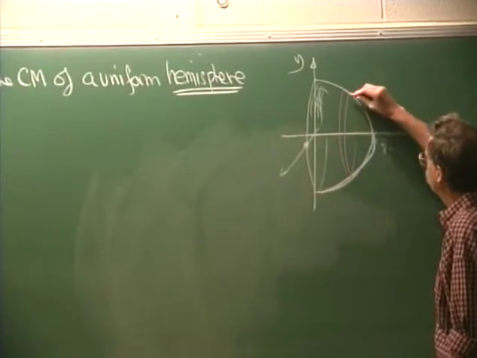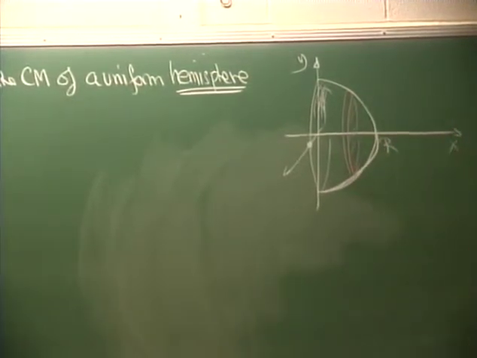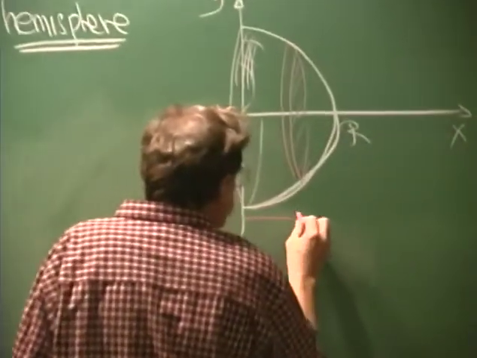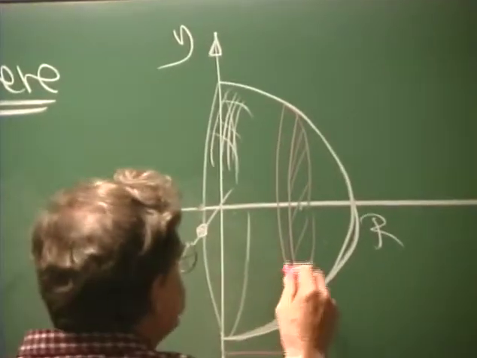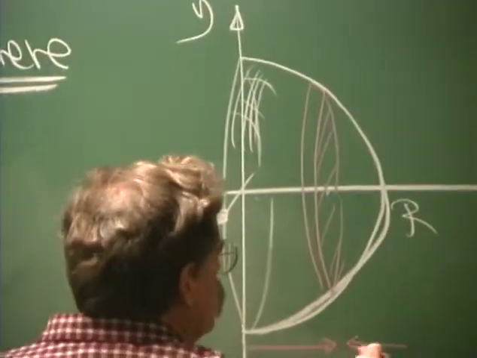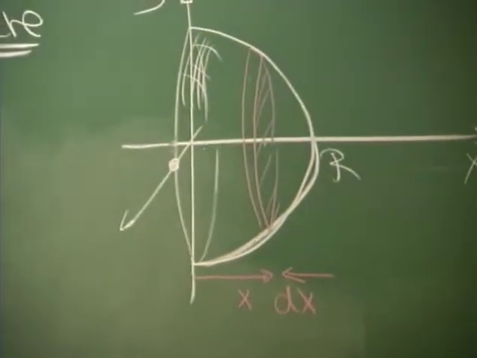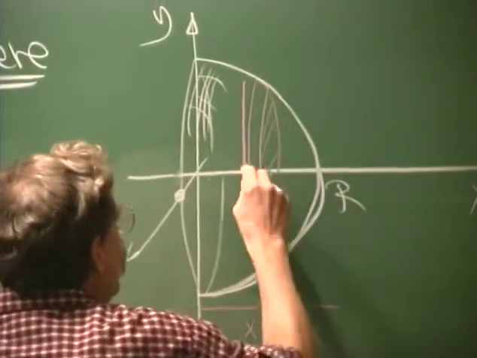It's out at a distance x, and it has a thickness, let's say, dx. It has a radius, let's call it r.